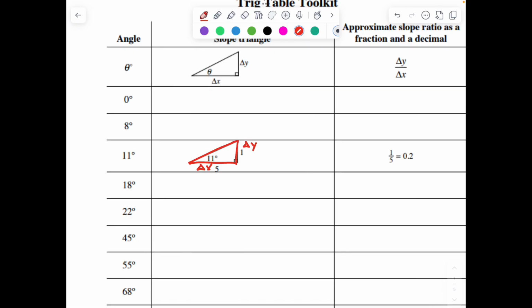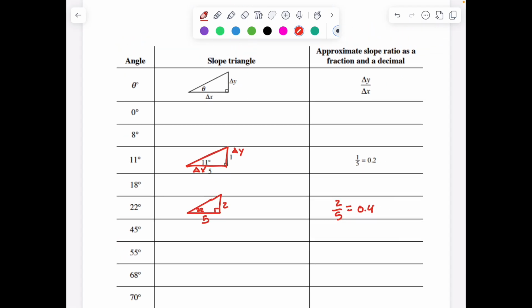We also talked about a 22-degree angle. So that was 2 and 5 for 22 degrees. So 2 over 5. And as a decimal, that ends up being about 0.4.